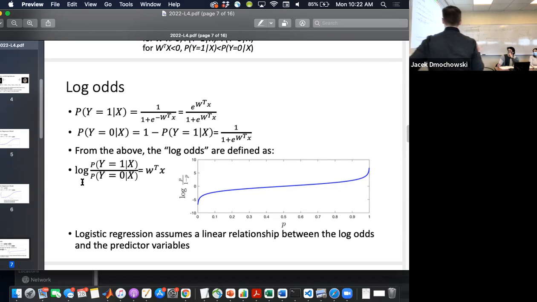My bad. If it's greater than 1, it's a very large positive number, and the log of a very large number is a large number, but it's compressed. And if this is very close to 0, the log of that is going to be a very large negative number.